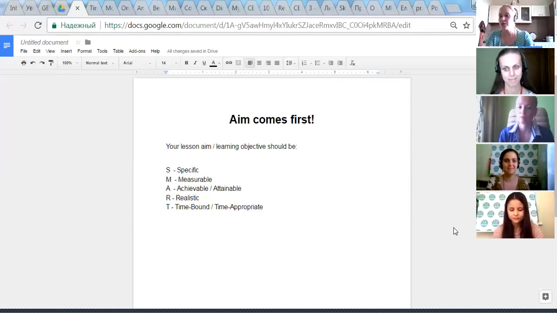The first part of what you said is important, but here in learning objectives, the student is important. And that's why it's the second part. It's whether the student is at the right level for this aim. So when you're setting the aim, for example, you have a beginner student and you want them to be able to use present perfect continuous by the end of the lesson.